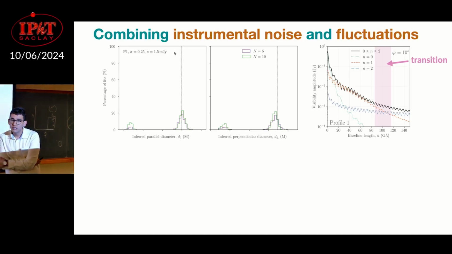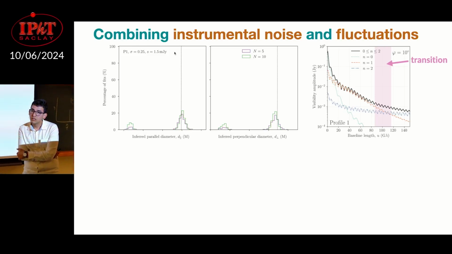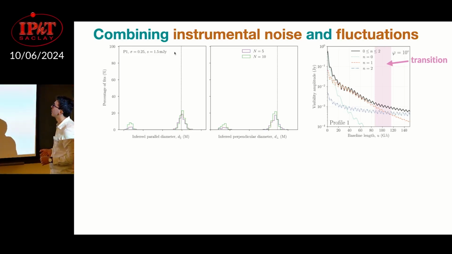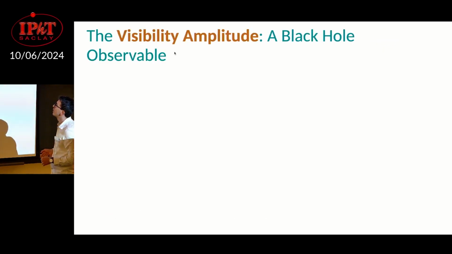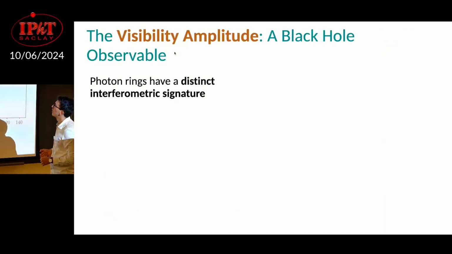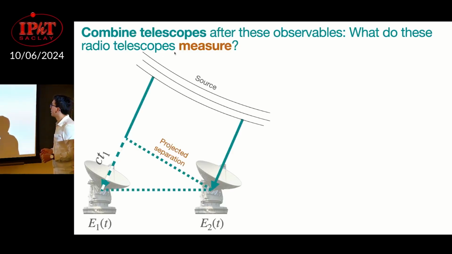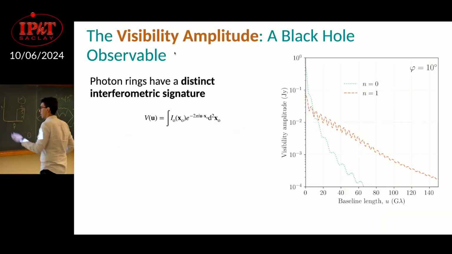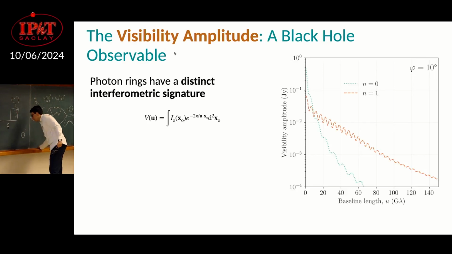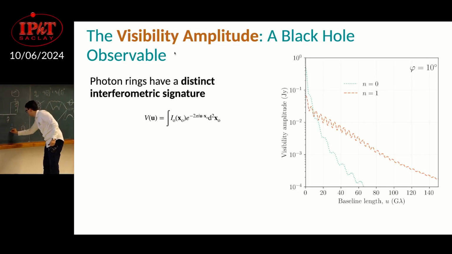Yes. In the visibility function, there is a 1 over square root of u divergence, 1 over square root of the length. Can you explain that? Well, I don't have it here, but I think you're talking about this dependence of 1 over square root of u in your observable.